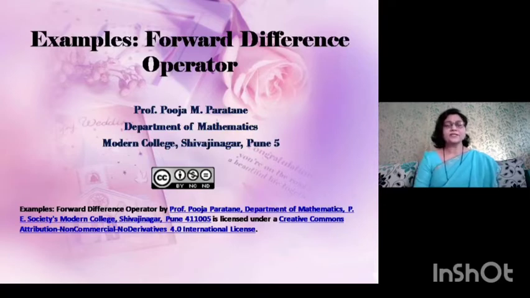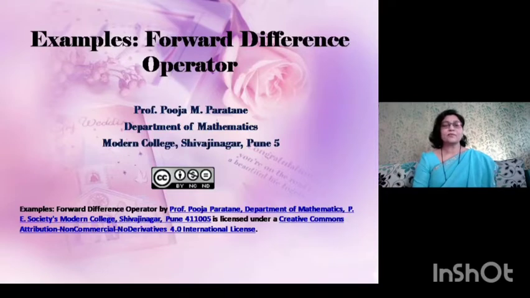In the first two lectures, we have seen the basics which we need to learn numerical interpolation: the functions, how to find the value of functions at a set of given values of x which are equidistant.